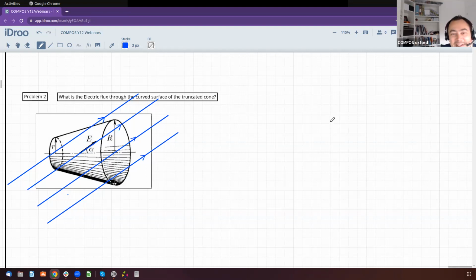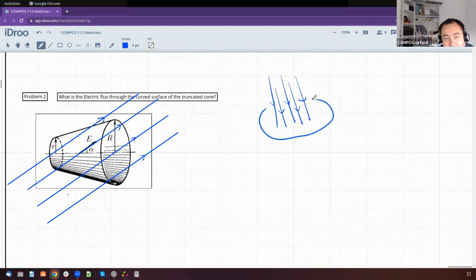So if you imagine an electric field, these are lines of the electric field, and you imagine a surface. Imagine a surface of area A, and the electric field is E. We can simplify by saying this is a uniform electric field. That means the lines are parallel. And the area is a flat area perpendicular to the field.